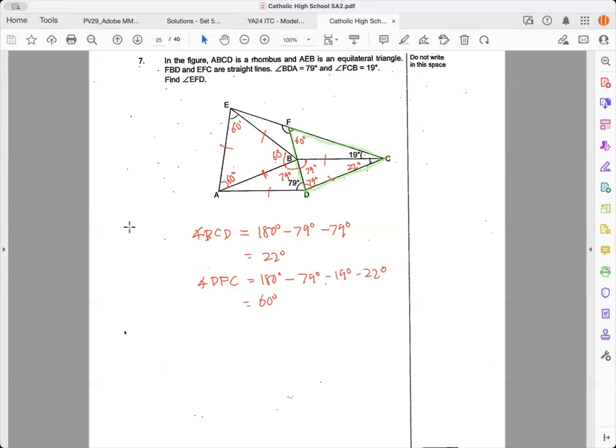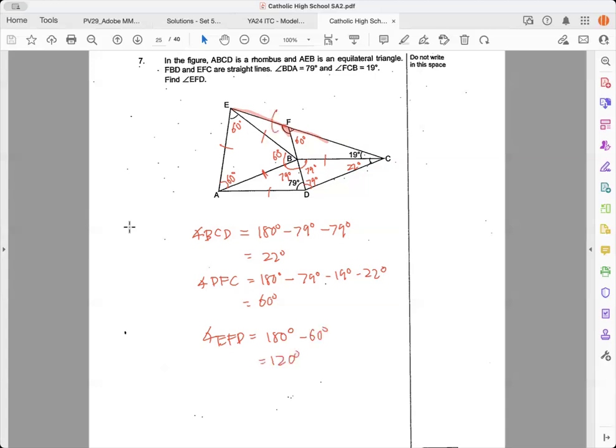Now, what the question wants is this angle. Angle on a straight line, they wanted this angle, EFD. EFD, which is this angle. Okay. So angle on straight line, angle EFD is equal to 180 degrees minus 60 degrees, 120 degrees.